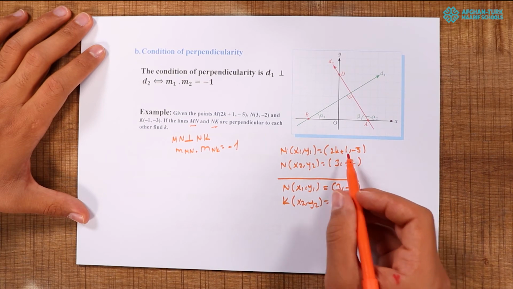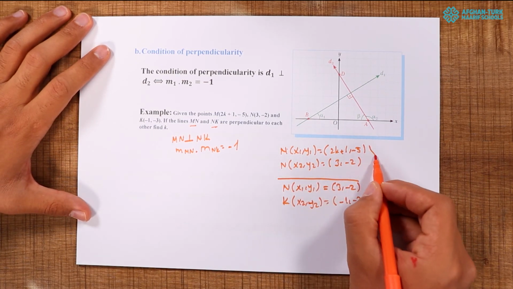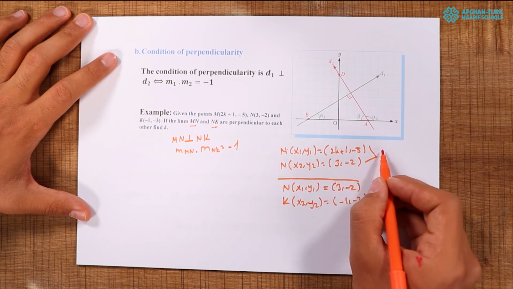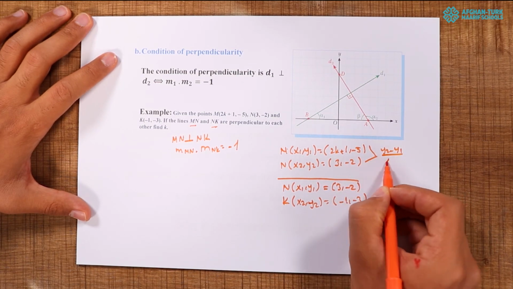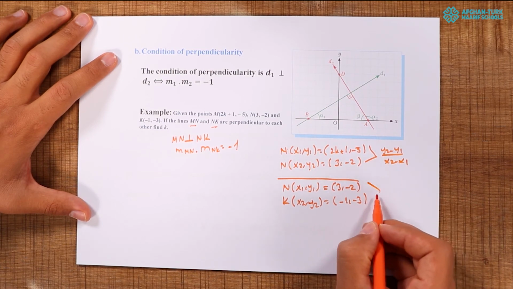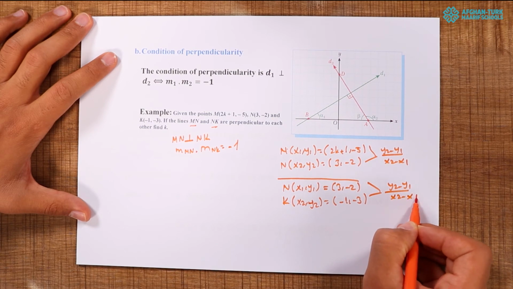So in order to find the slope of M and N, what's the slope? y2 minus y1 over x2 minus x1. And here also y2 minus y1 over x2 minus x1.